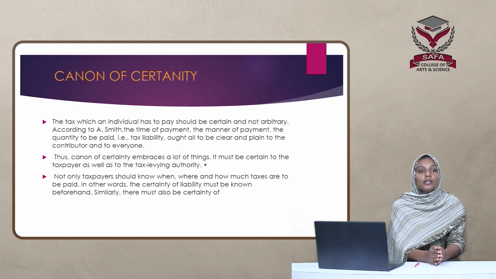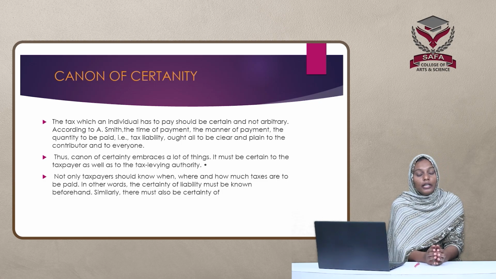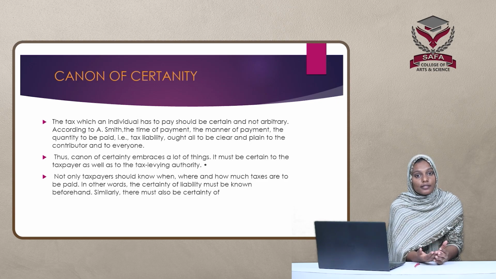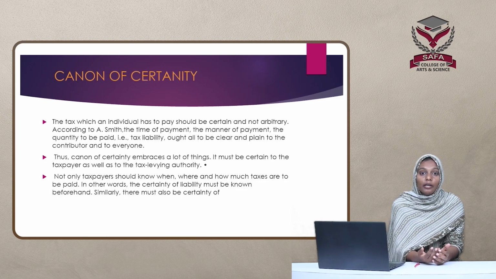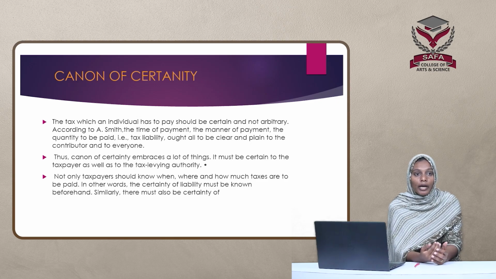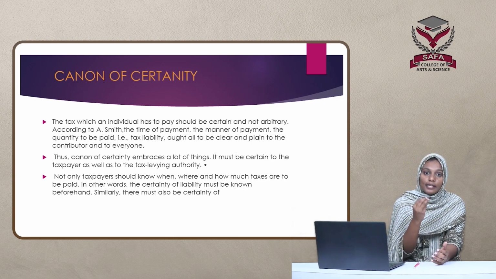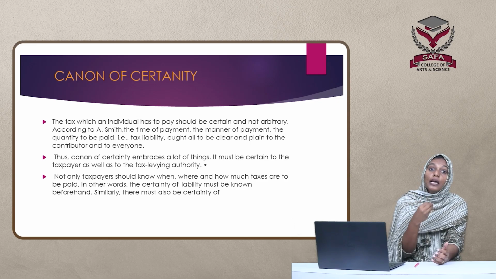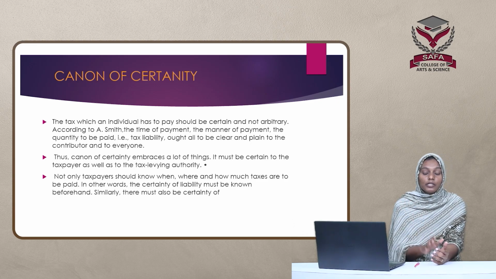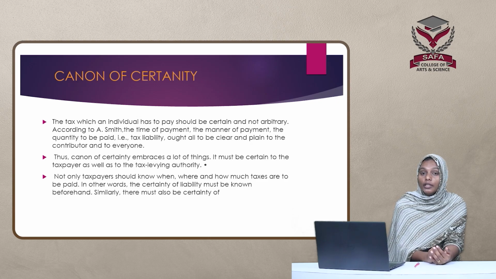The taxpayers have to be informed earlier about the amount of tax they have to pay, the time they have to pay, and the manner of payment, and only then does the taxation become a success. Otherwise, it will lead to corruption in the tax administration. These are all about the canon of certainty.